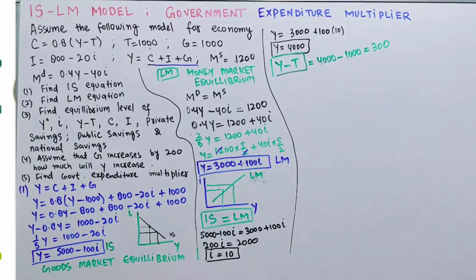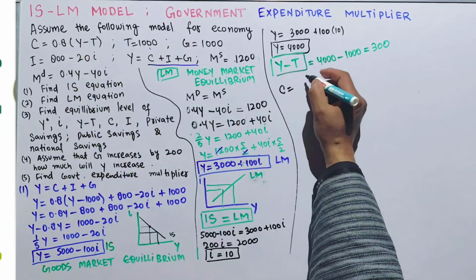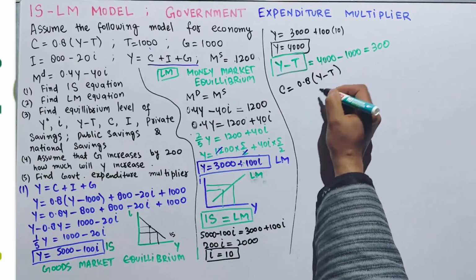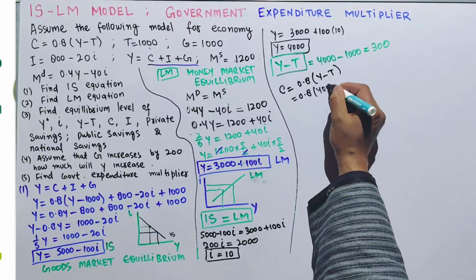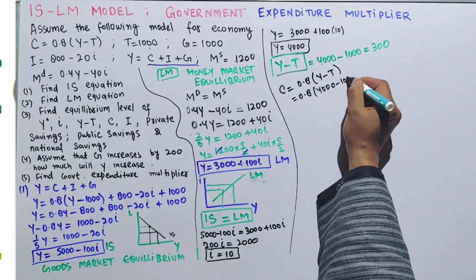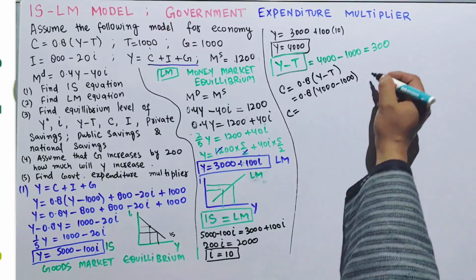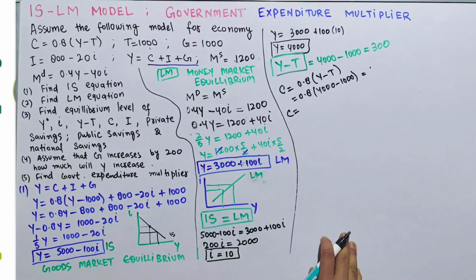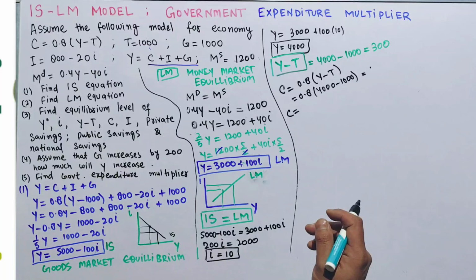Next we need to find the equilibrium level of consumption. So C, as we know, is equal to 0.8 times y minus t. Equilibrium level of income is 4000, taxes are 1000, so y minus t is 3000 here.